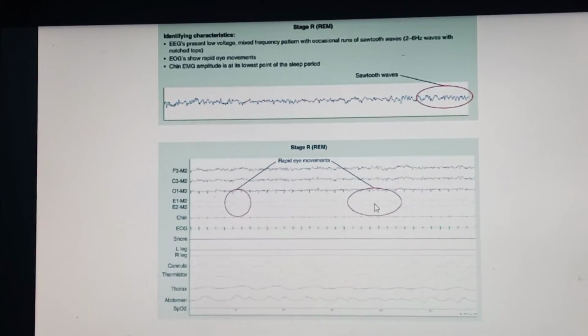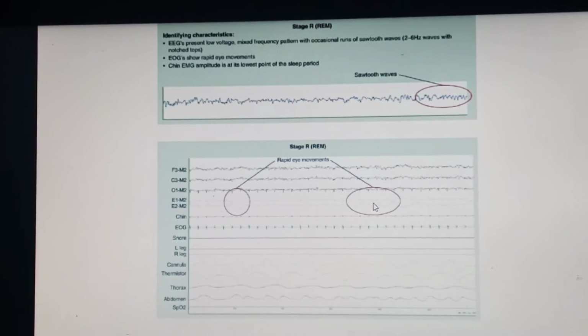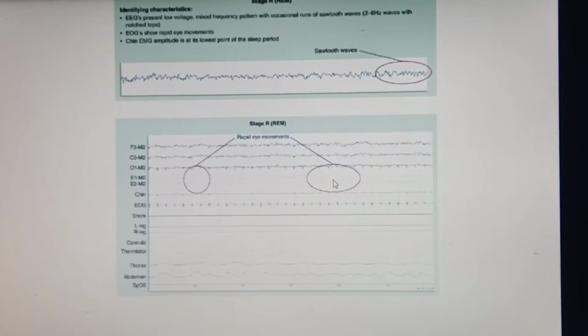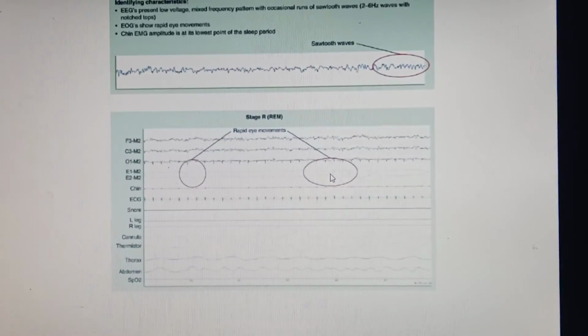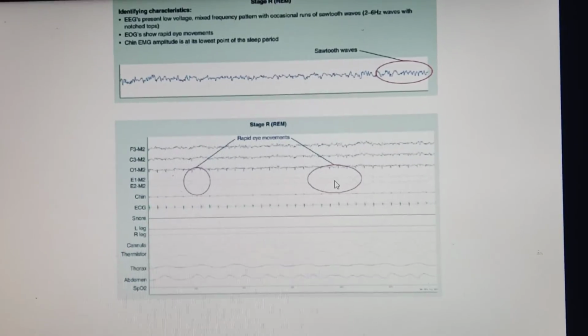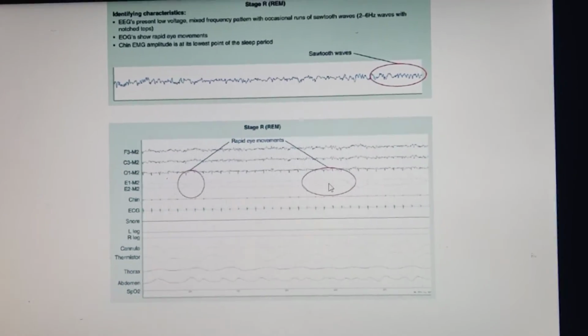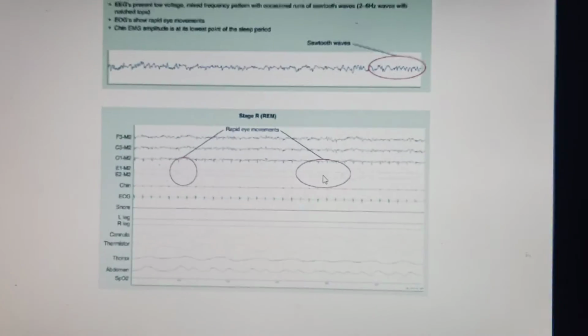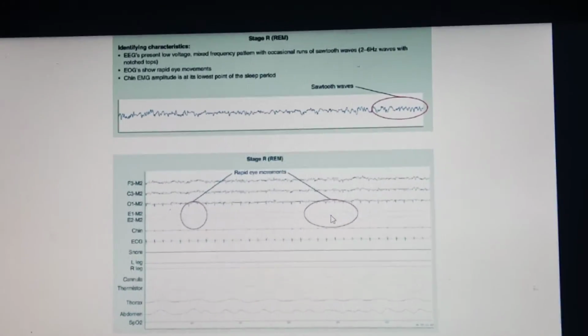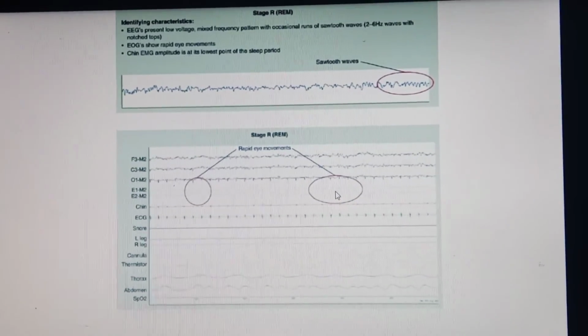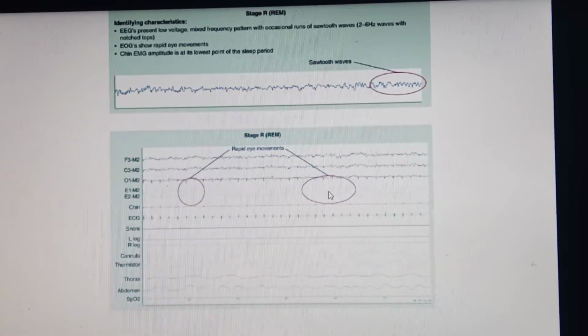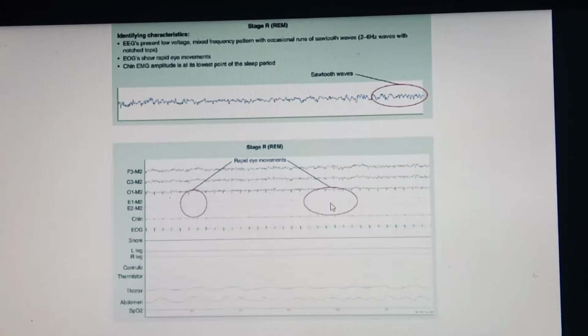Sometimes EOGs will not show rapid eye movement, but still you have to score on the basis of the chin tone and the background patterns, because REM state is of two types, that is phasic and tonic REM.